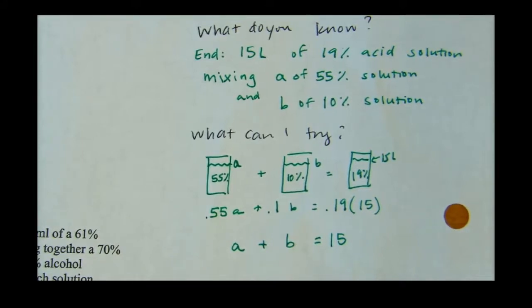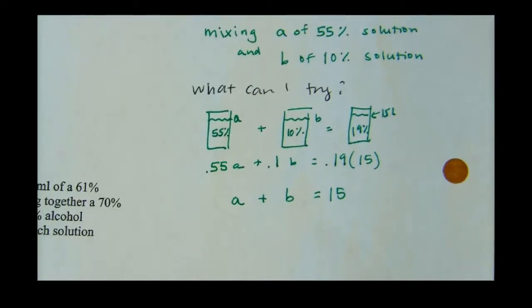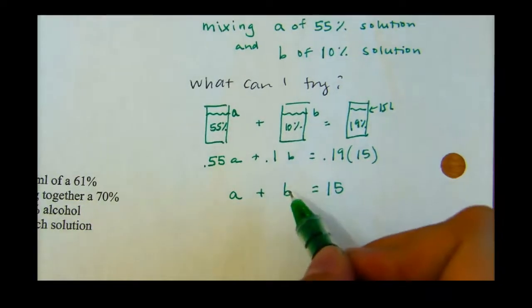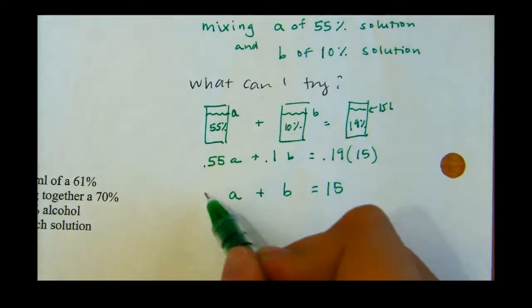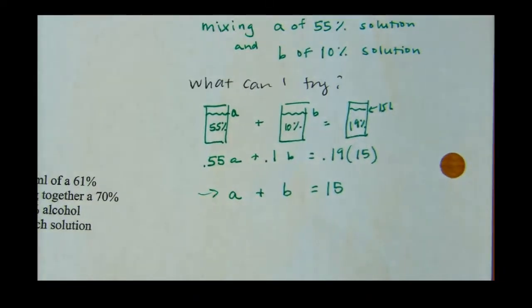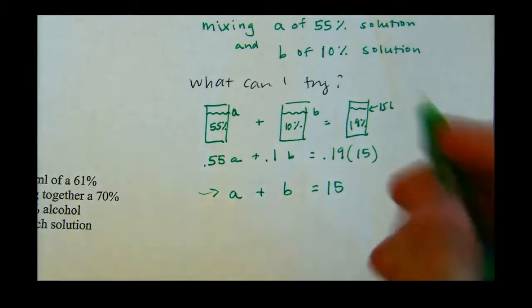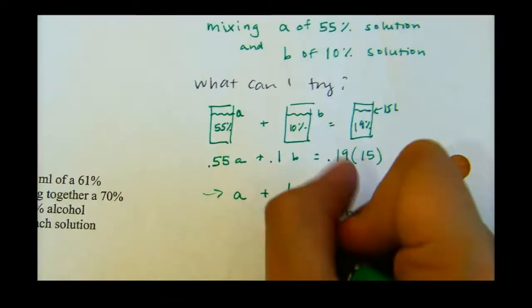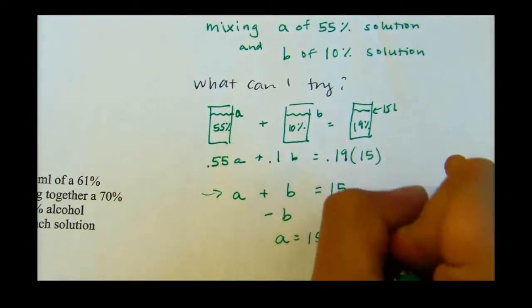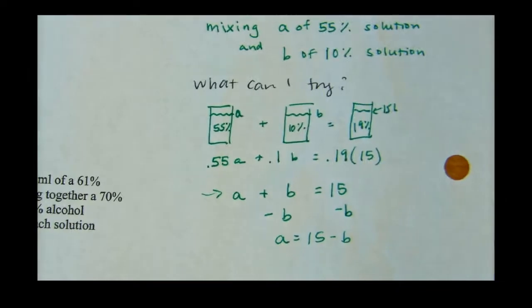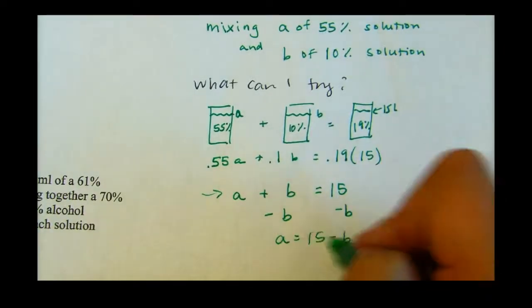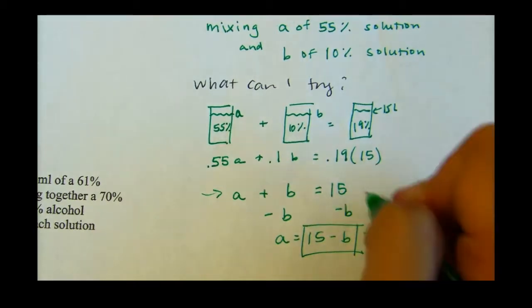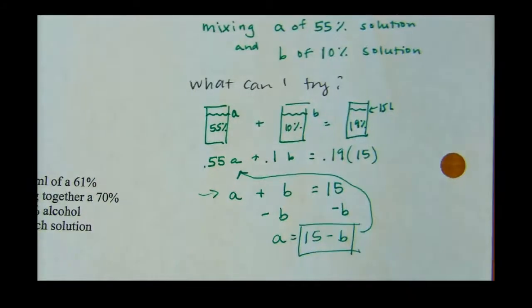So now I've got a system of equations. In order to solve it, hopefully you remember that I've got to get one of the variables by itself. This second equation is going to be a lot easier for that. I could easily solve it for A by subtracting B from both sides, so A equals 15 minus B. Now I should be able to substitute all of what A equals into the top equation.